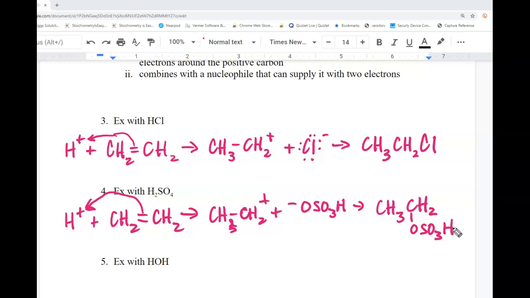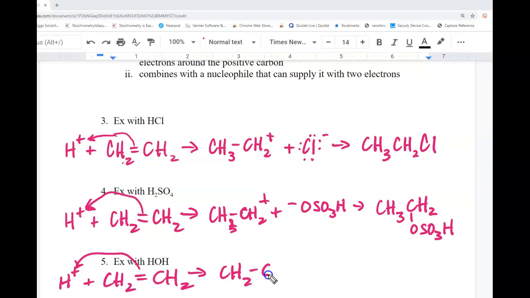And finally, we take a look at water, and we have the water being attacked by the electrophile just like before. We have the electrons going to the electrophile, and we end up with our carbocation, CH3CH2+.